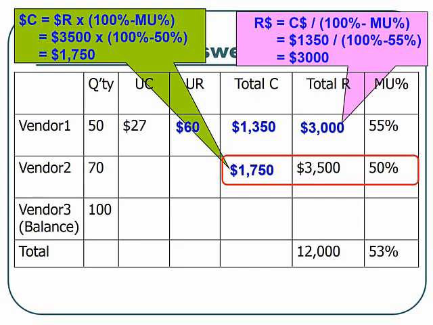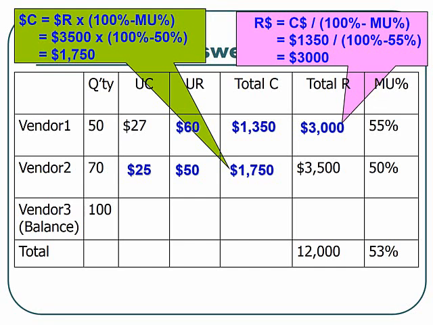It's the total cost. Now that we know both total cost and total retail of vendor 2, can we also figure out the remaining cells for vendor 2? Yes, from total cost, total retail and the quantity, we can figure out the unit cost and unit retail. So that would be the total cost and total retail for vendor 2 divided by the quantity, 70, right?